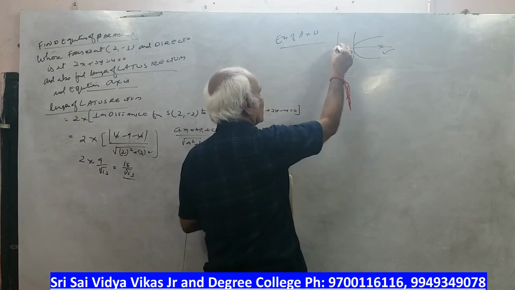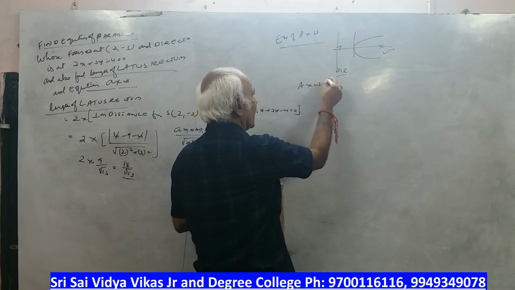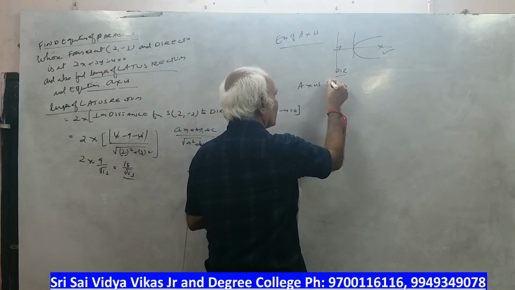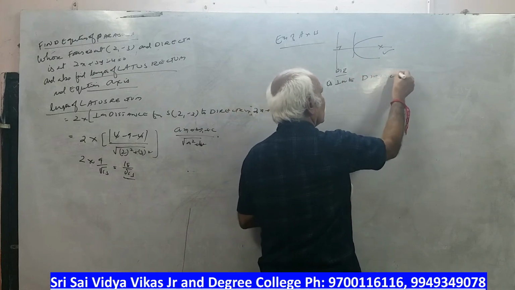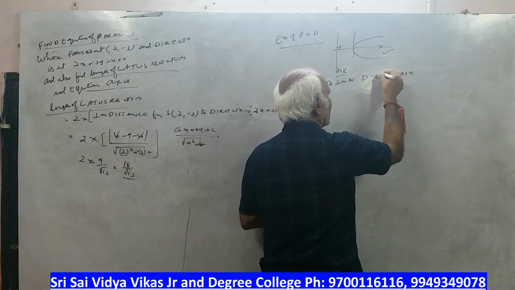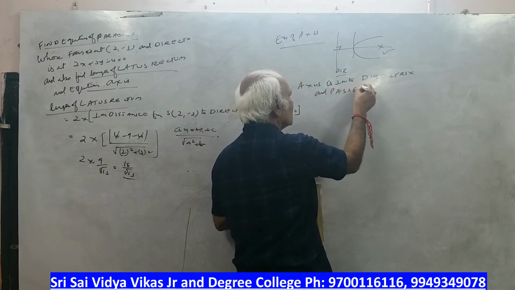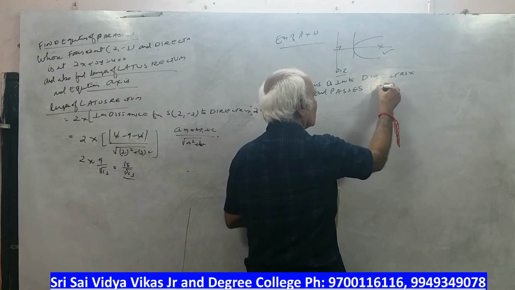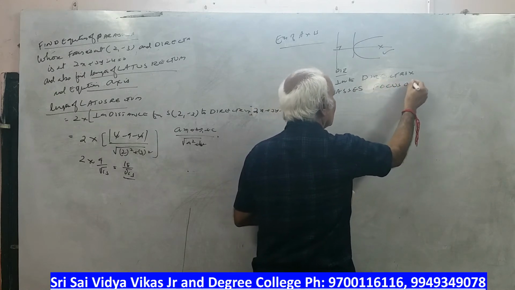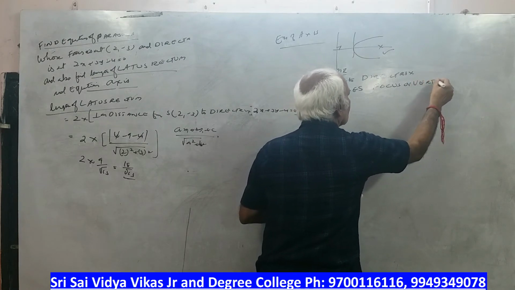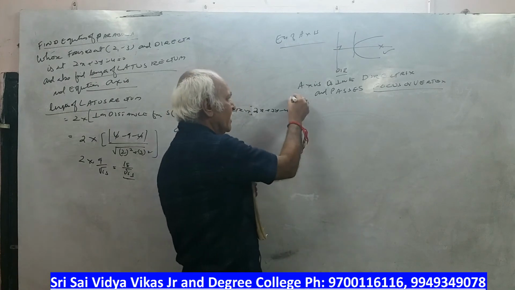Always the axis is perpendicular to the directrix and passes through the focus or vertex. Anything, sir. It passes through focus or vertex. So any one point is required.